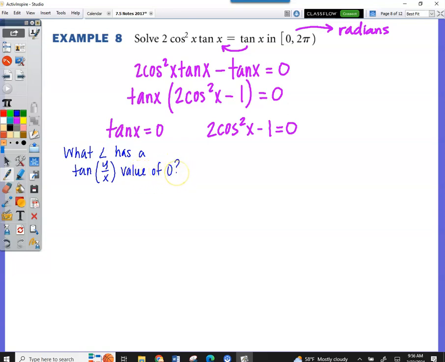If I'm dividing y over x and I'm getting 0, which one must be 0? It's okay for 0 to be on the top. So this means I am looking for where y is 0.